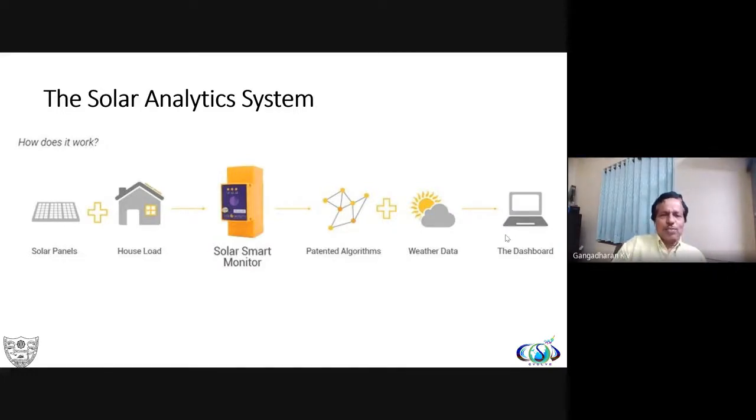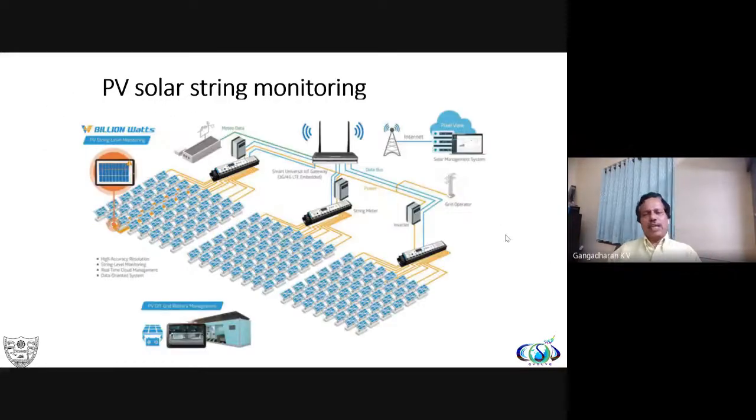So all that information is collected for a large farm, because I'm not talking about a house where a 1 kilowatt or a 2 kilowatt solar plant is put. We are talking about, say, 5 megawatt and above, where you are able to invest in a smart monitoring system and get the data, put it in the cloud, and do all the analysis to make sure that you understand how the system has been behaving.